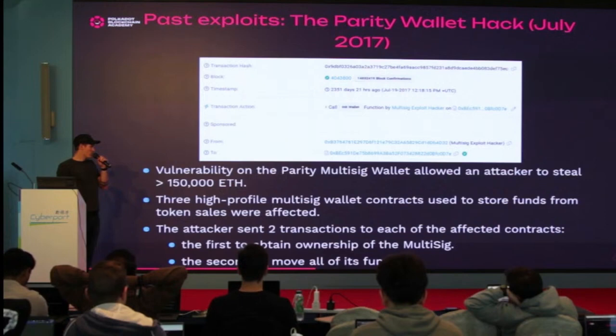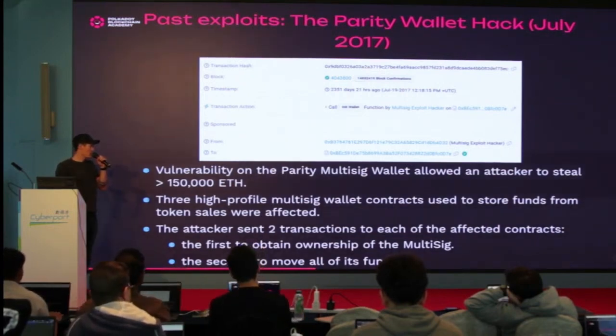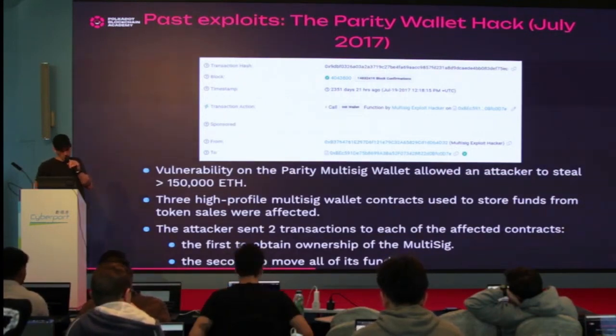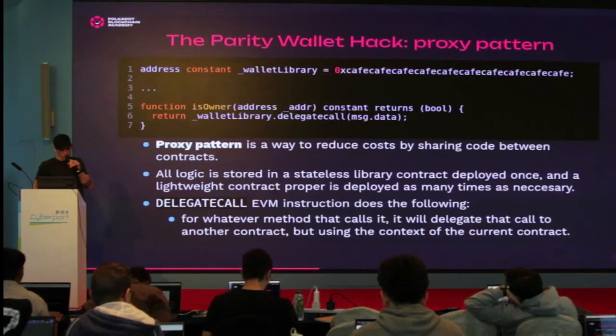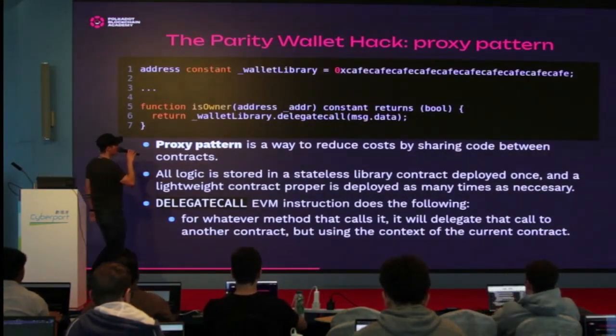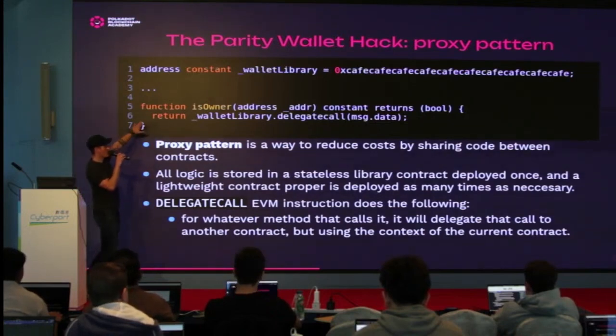And there was basically an implementation coming from Parity of a multi-sig wallet. And this specific multi-sig wallet had a library, and all the instances of that wallet were basically using the code in that library.